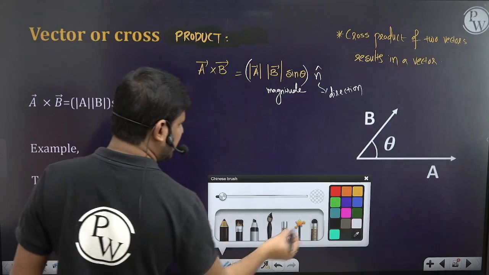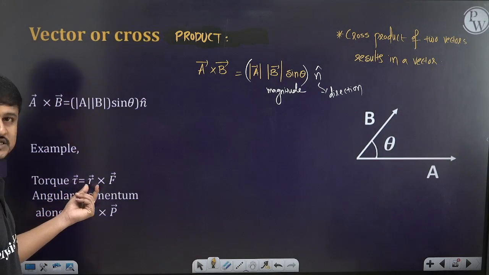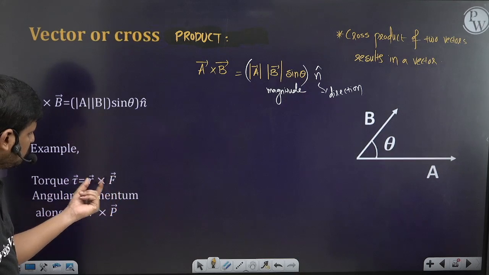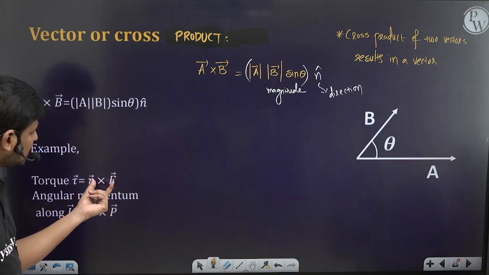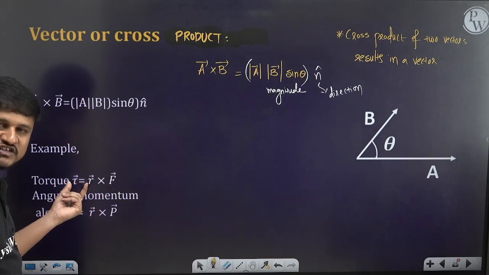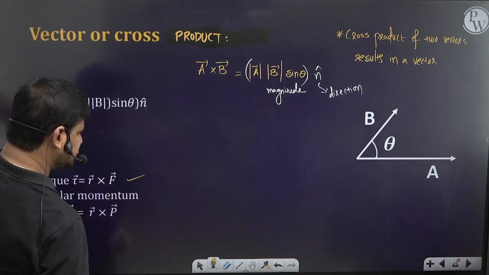Now the examples of the vector product are torque and angular momentum. Torque is equal to r cross F, where r is the displacement and F is the force. Both are vector quantities, and if you do the cross product, the resultant torque is also a vector. This will come across in the rotational motion chapter.